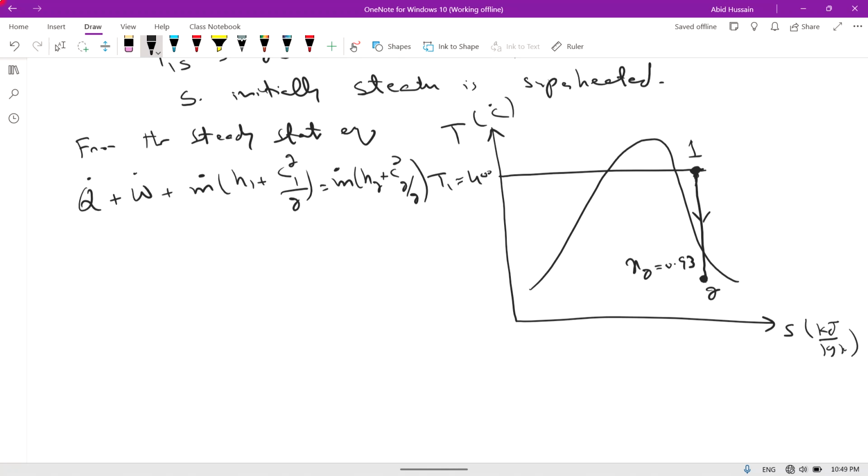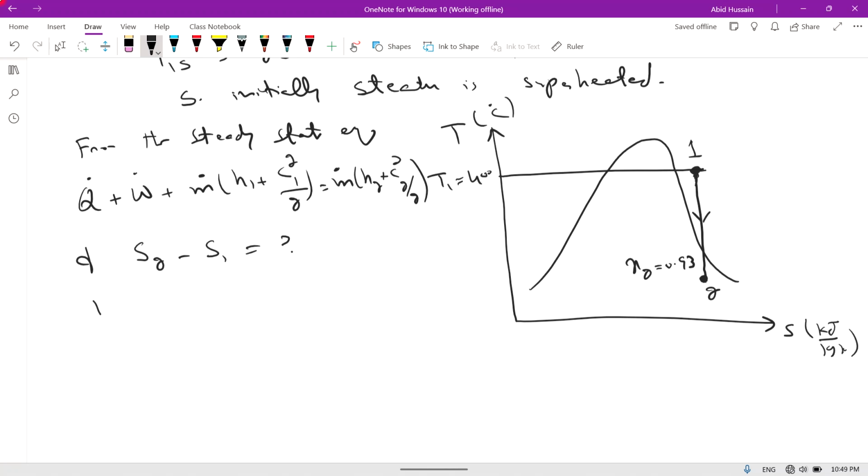Q is 0, so the rate of flow of heat will also be 0. W dot, the rate of flow of work, is the power output. M dot is given to us. We can find H1, H2 and C2, and for the entropy change we will find S2 minus S1. So first we find H1, H2, S2, S1 and C2.